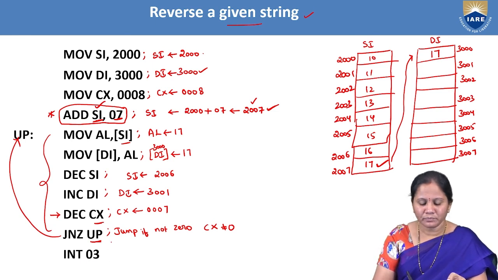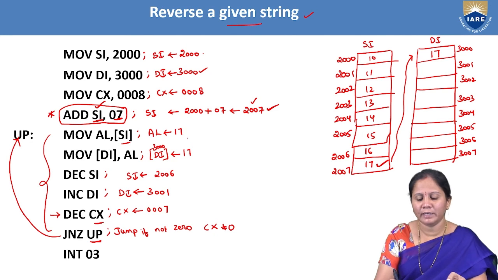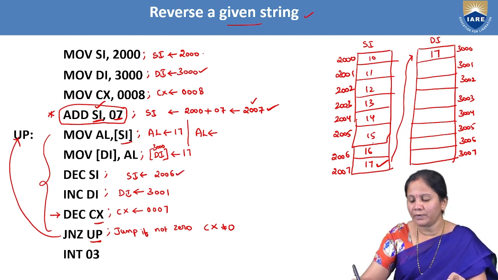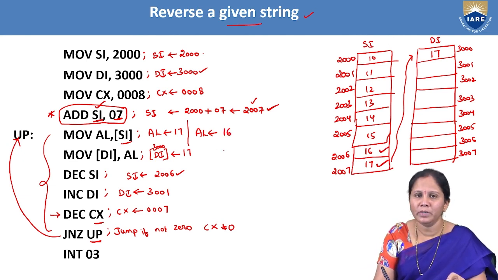And here, if it goes to the label up, next MOV AL, [SI]. The value will be moved into the AL register. Content of SI: up to now, what is the value of SI? 2006. So what is the value present in 2006? It is 16. So the 16 value will be moved into the AL register.